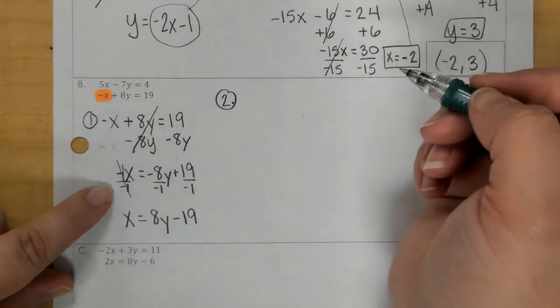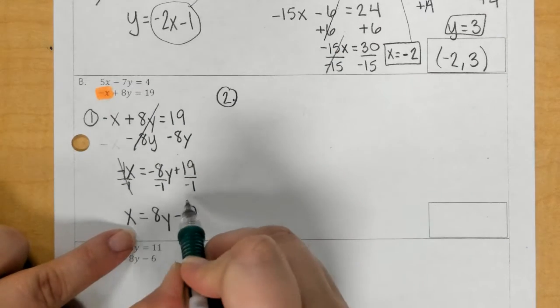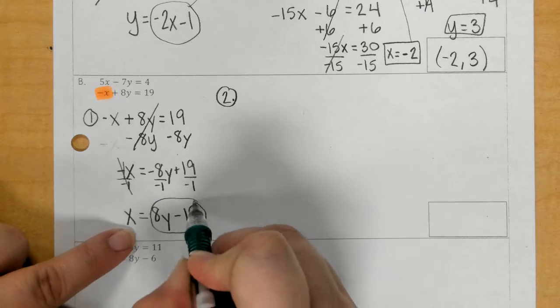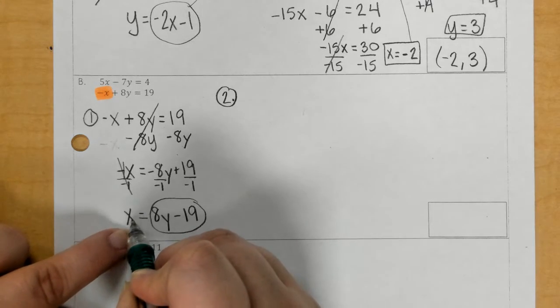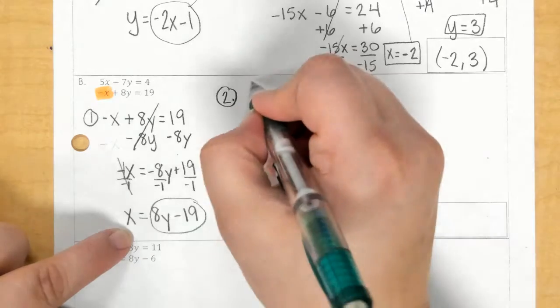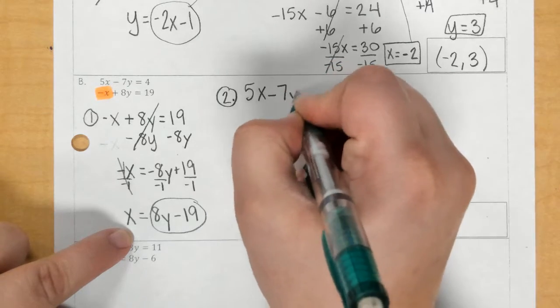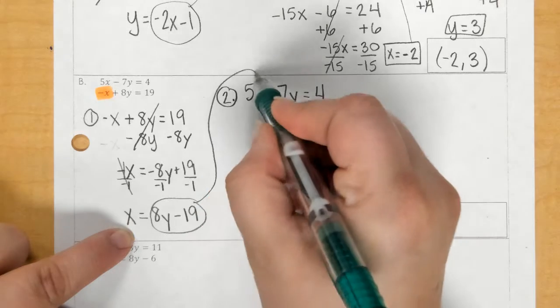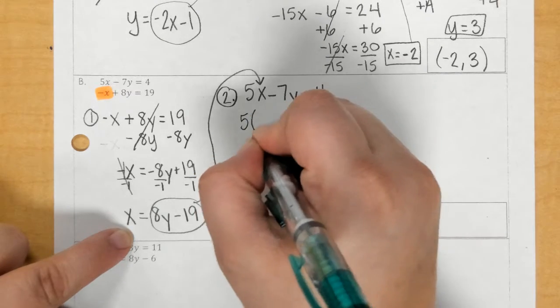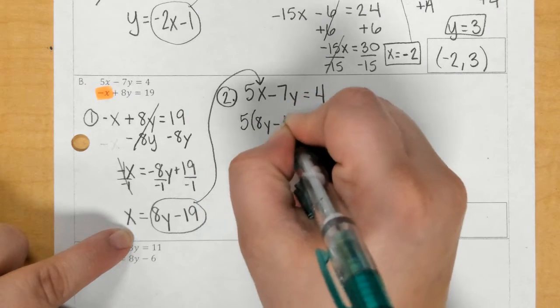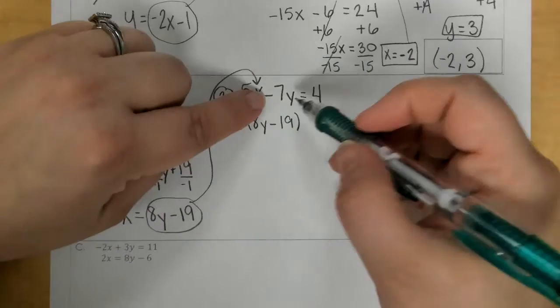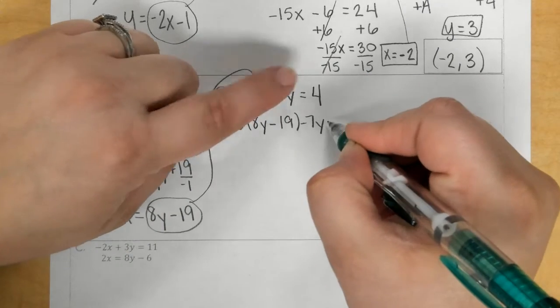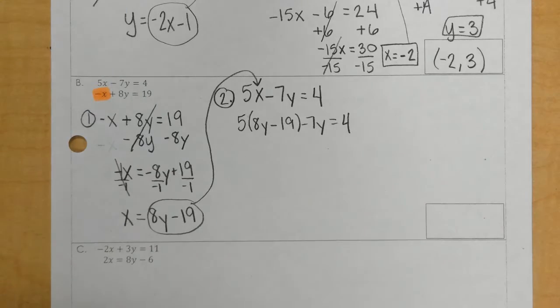Step 2. We're going to take the expression and plug it in for x in the other equation. So 5 times 8y minus 19, then we have minus 7y equals 4.